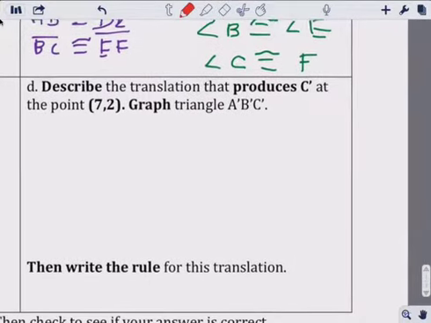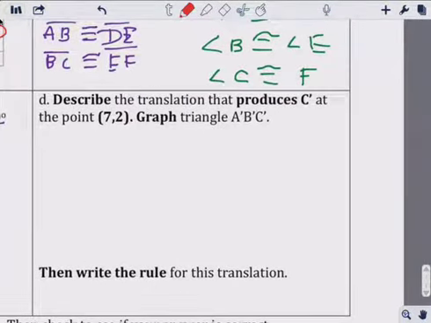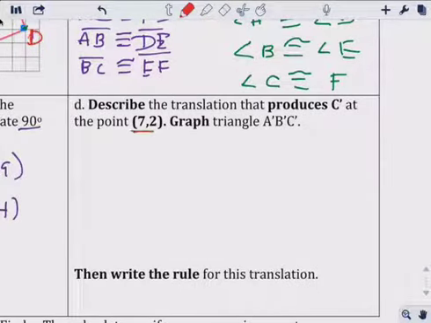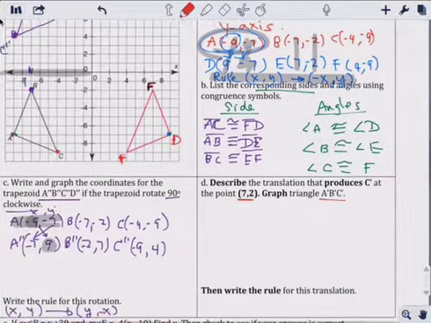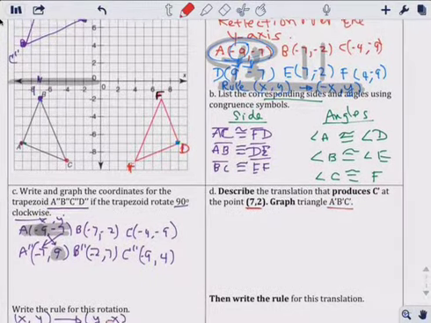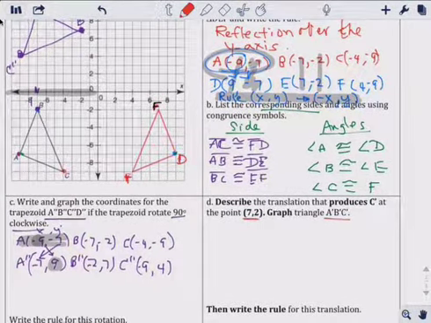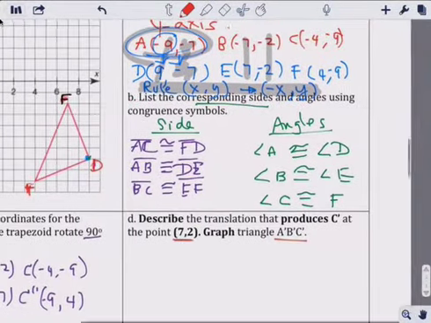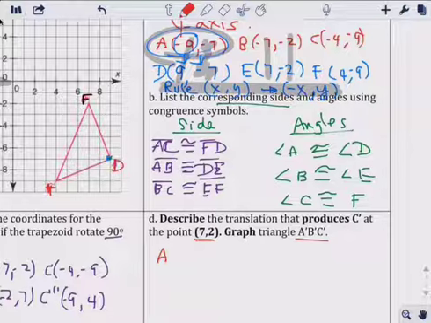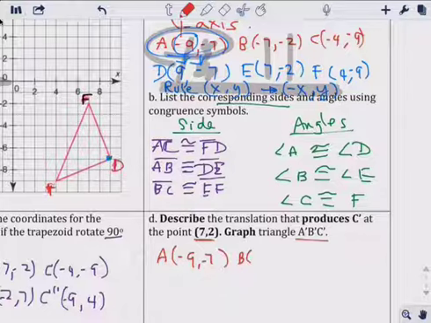Describe the translation of C prime if the point is on this graph. Okay, let's do the translation, 7, 2. Like I say, I always start with the original, 9, 7, and I like to do it horizontally because I can match it and see it easily.